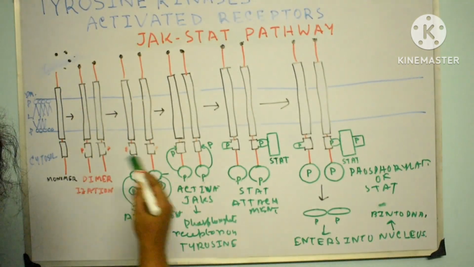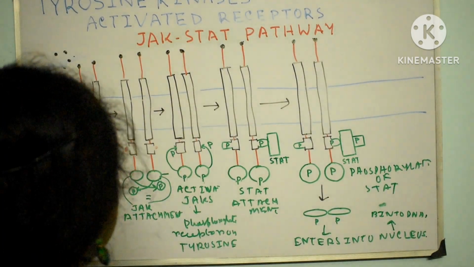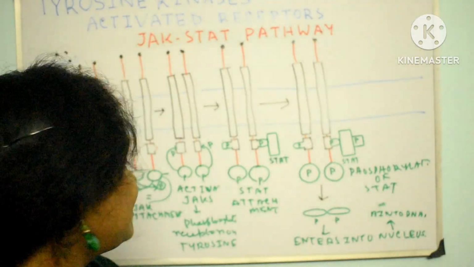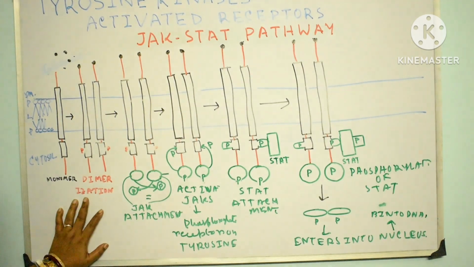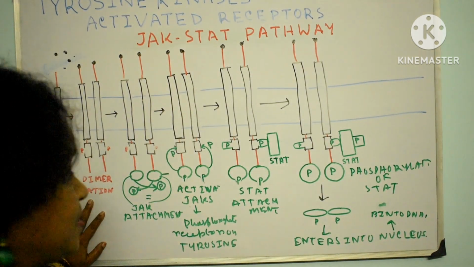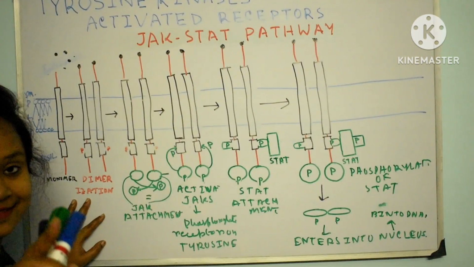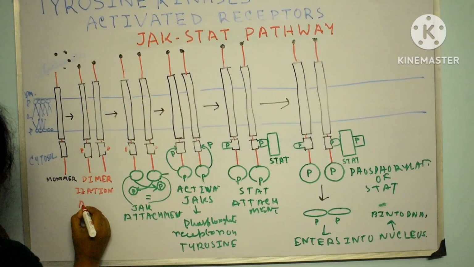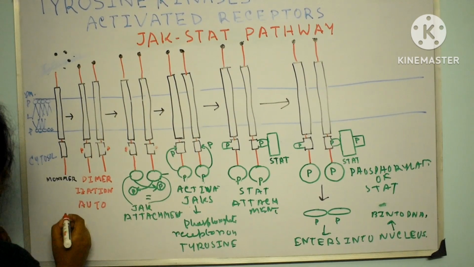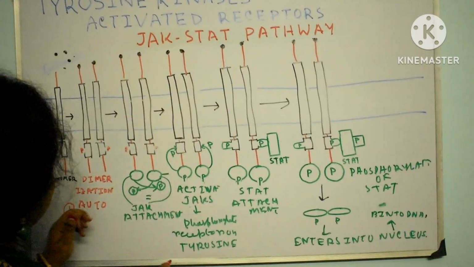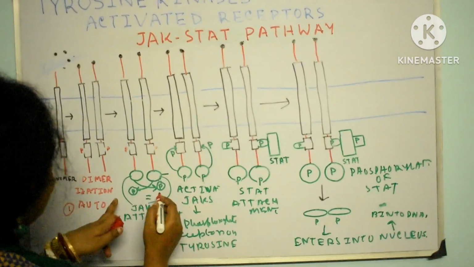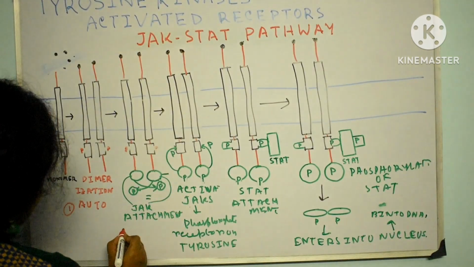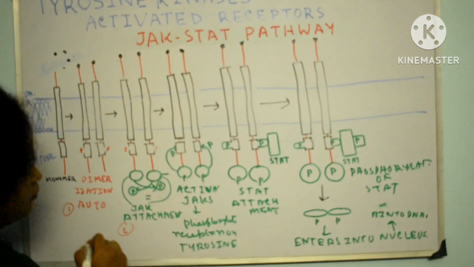So how many types of phosphorylations are done? First of all, at the time of dimerization, autophosphorylation is done. Point number one, this phosphorylation is autophosphorylation. Then after Jak attachment, cross phosphorylation, point number 2.